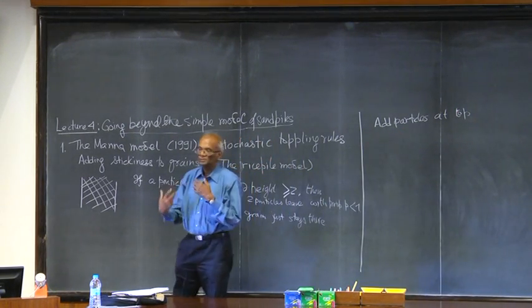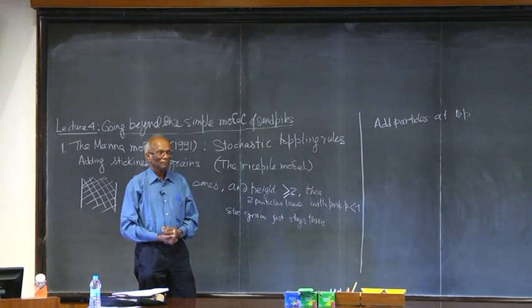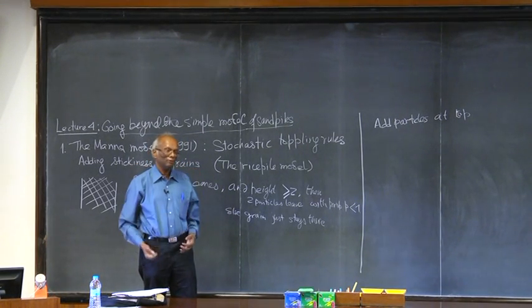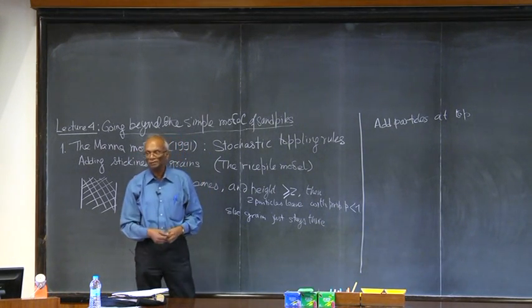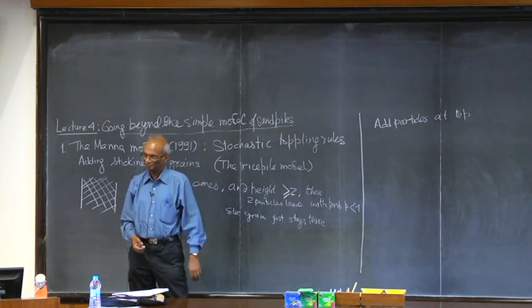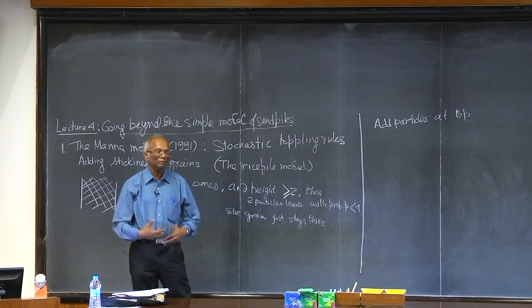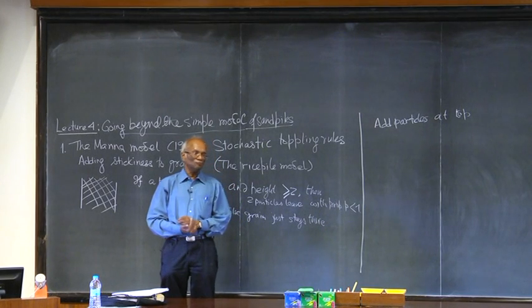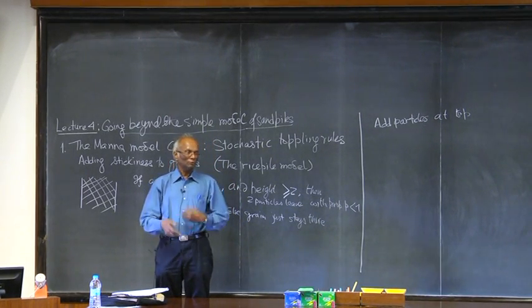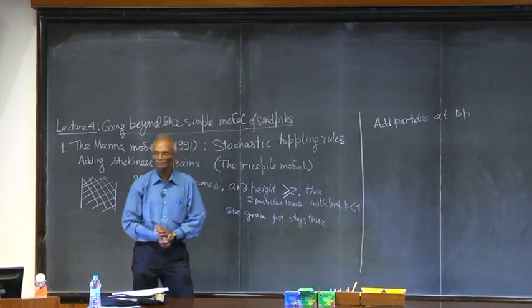So, what happens when p is 0? When p is 0, you just add particles on top, they stick there, and so the height there keeps on rising, nothing goes down. Okay, so, there is a pile up of particles on the top layer and there is no steady state, because the thing just keeps rising.